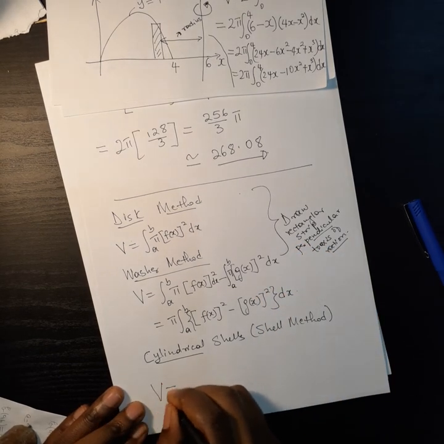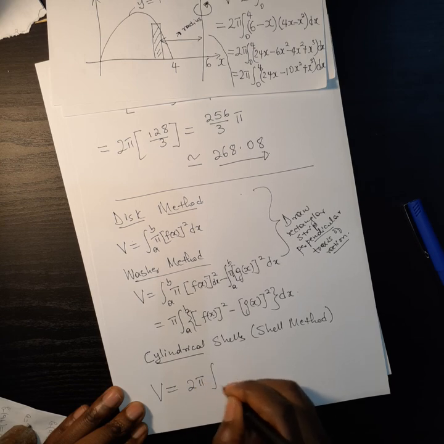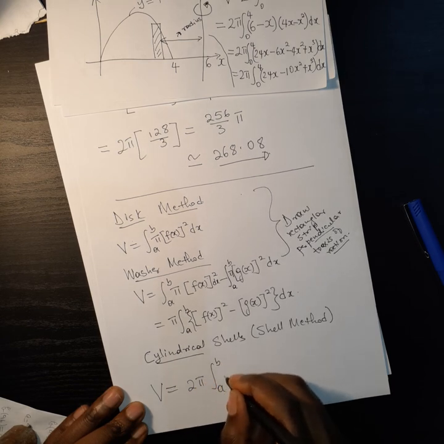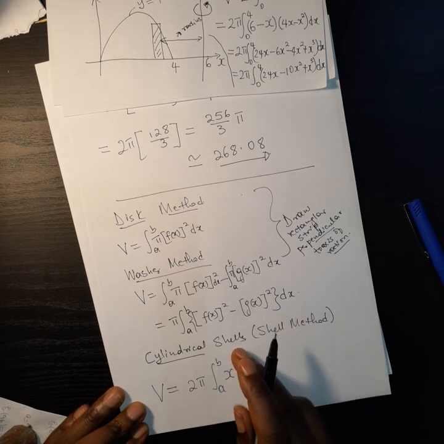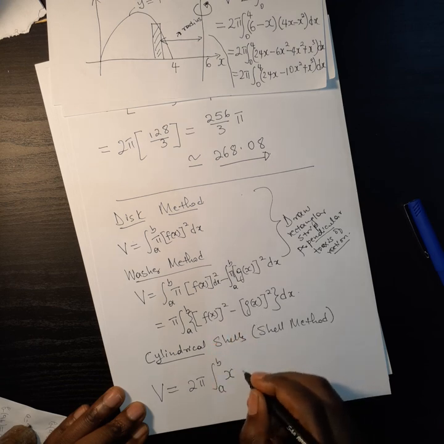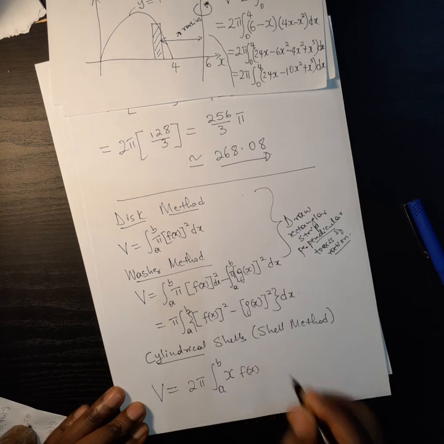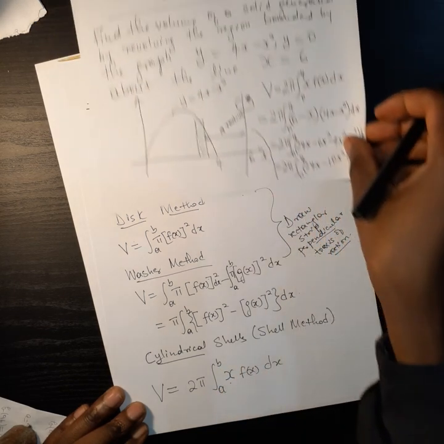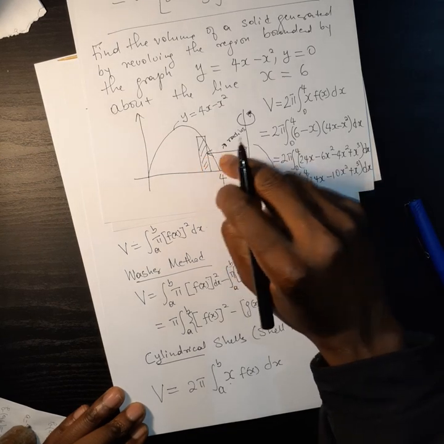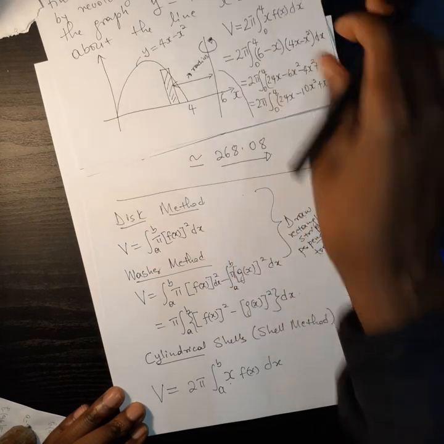The formula is V equal to 2 pi, the integral from a to b of the radius, which we usually use x. Most of the problems we just use x. We want to deal with y for this method. And then our f of x as it is, then our dx. Then you must be careful when we come to talking about the radius, because sometimes it won't be that obvious. For instance, in this example, the radius was not that obvious.